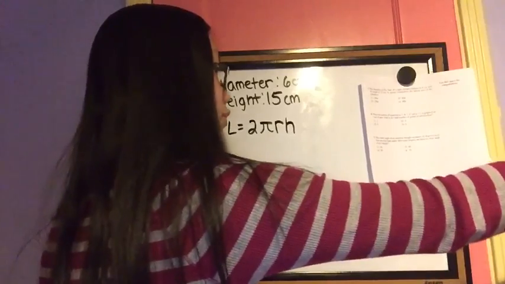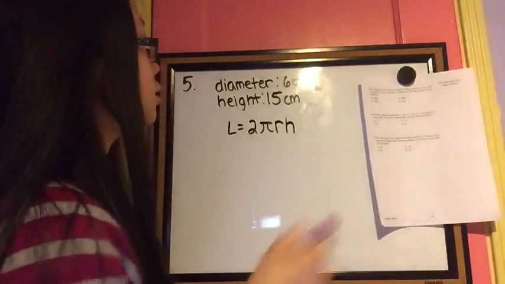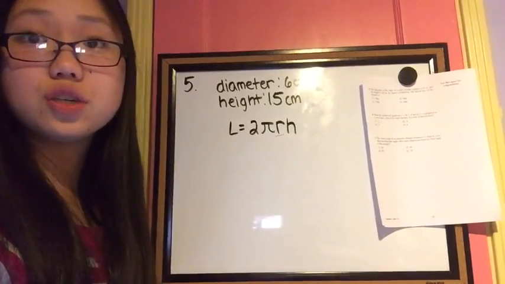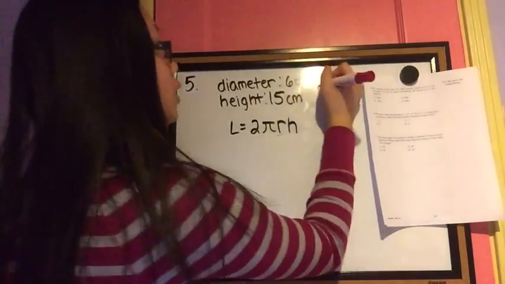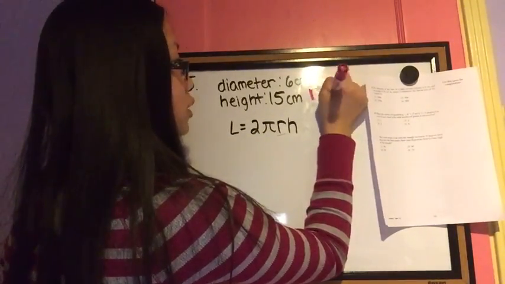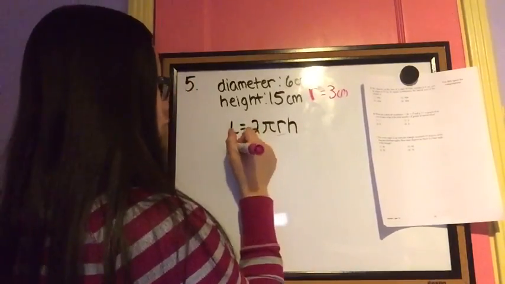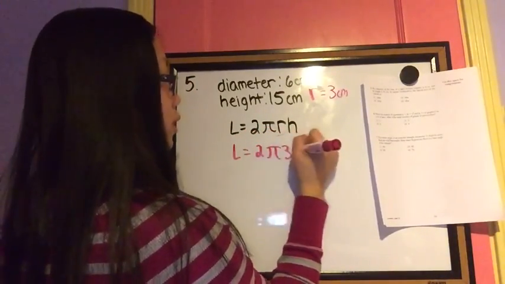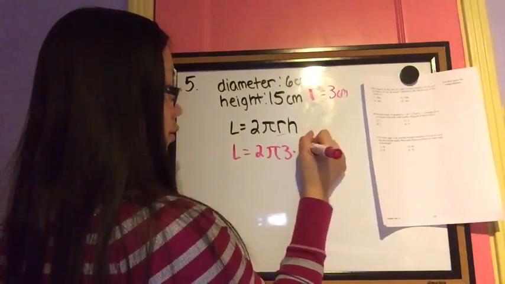But first, we have to figure out what the radius is, because they gave us the diameter and not the radius. And the radius is just half the diameter. So the radius is equal to 3 centimeters. So the lateral area equals 2 pi 3 times 15.